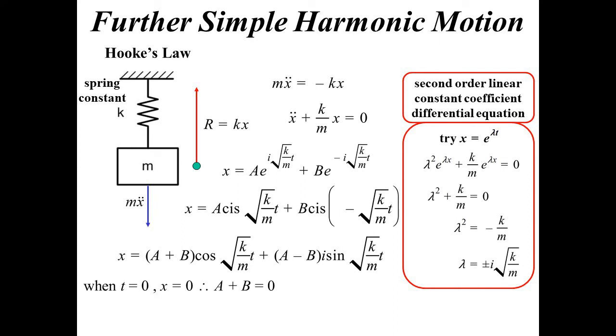We're just saying, okay, it starts from this point. So therefore, a plus b is equal to 0. So thus, x must equal some constant, whatever a minus b would be, C sine root k on m t. Hooke's law. As I say, not in the course.